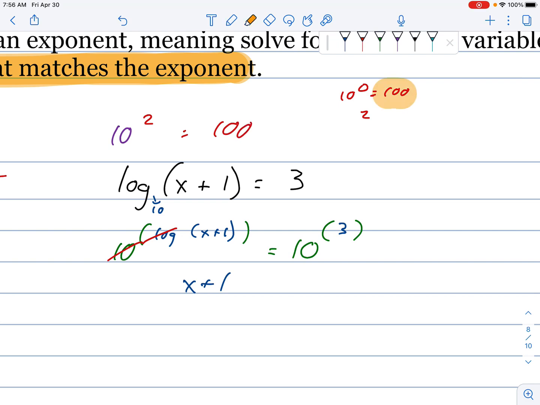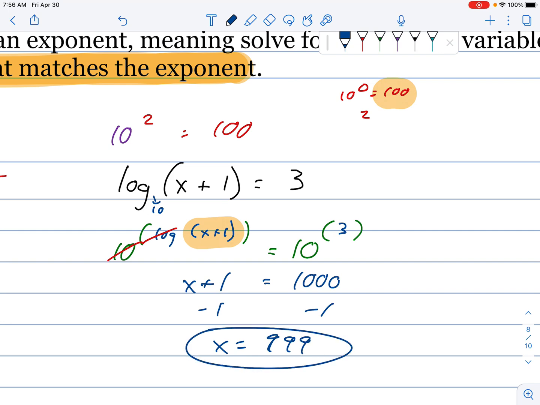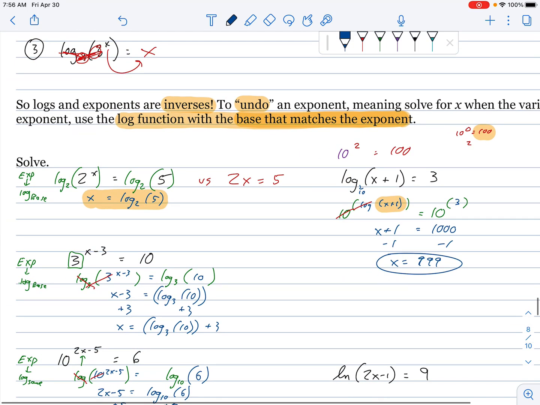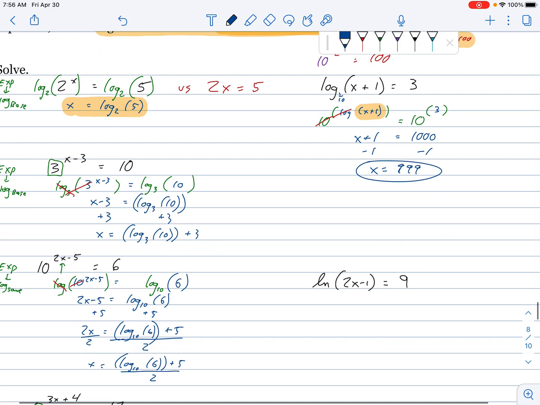So it always comes out to that number. Same thing here, what is 10 to the third? That's something we can compute. That's 1,000, minus 1, 999. These are a little bit easier because since we're canceling out the logs, we get all numbers. On the other side, we were canceling out the numbers and we got logs.